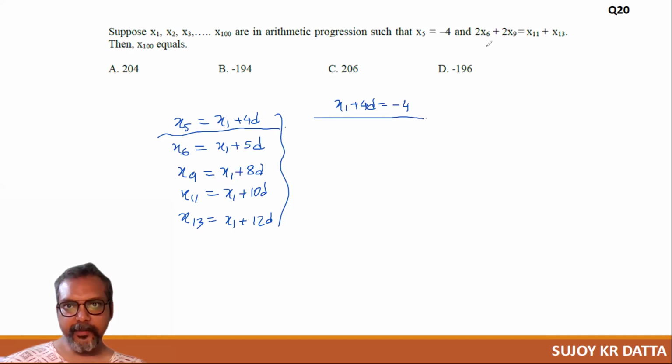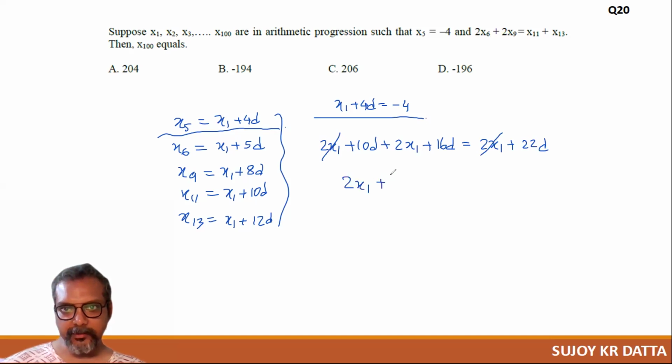Let's leave that. Twice of X6, so 2 times X1 plus 10D plus 2 times X1 plus 16D is X11 plus X13. So that is 2 times X1 plus 22D. 2X1 cancels out. So we have got 2X1 plus 26D minus 22D is 0.